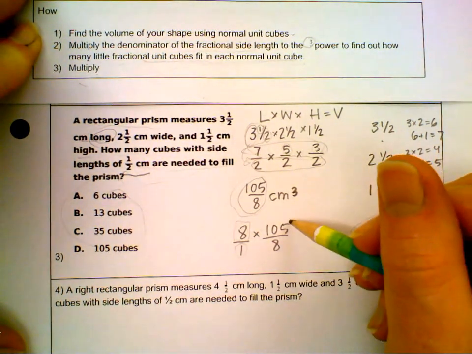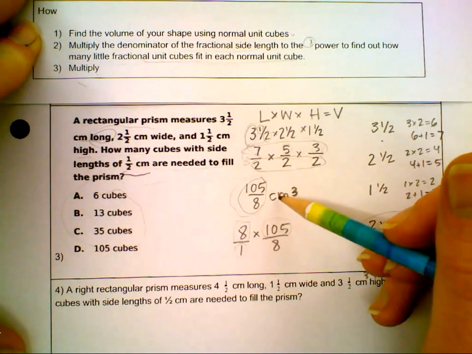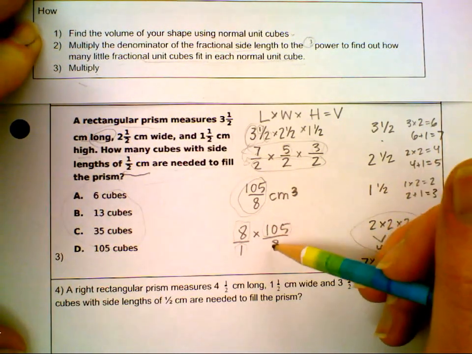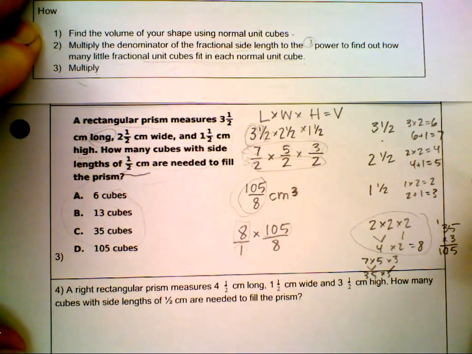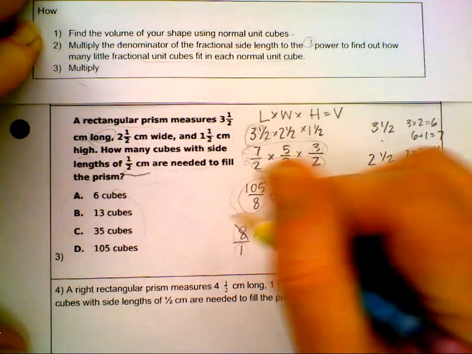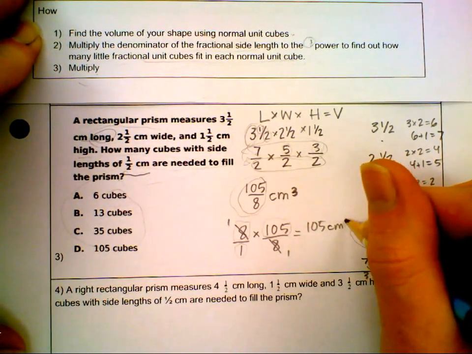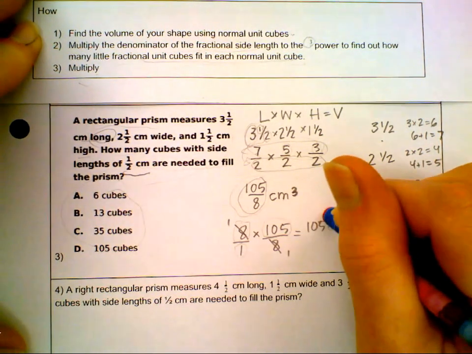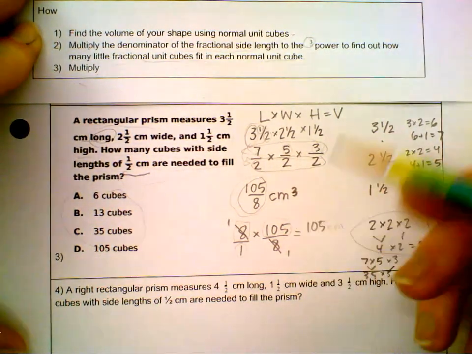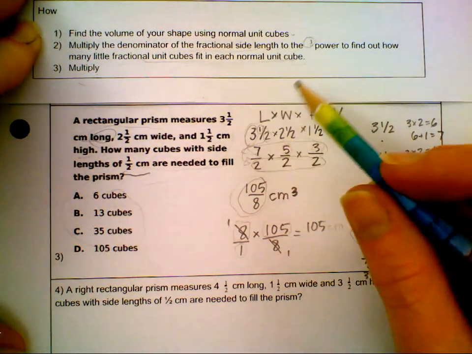This is 105 centimeters cubed. We can cancel here, leaving 1 and 1, 105 centimeters. Oops, my mistake, not centimeters, but 105 1/2 centimeter blocks will fit in to our rectangular prism.